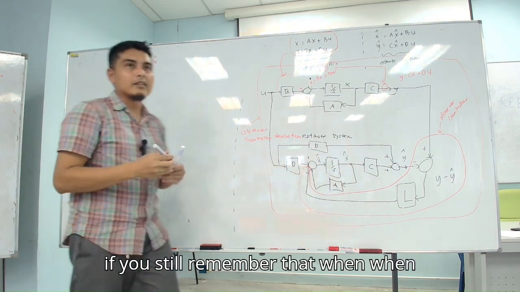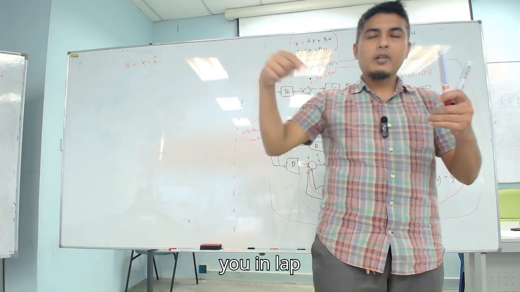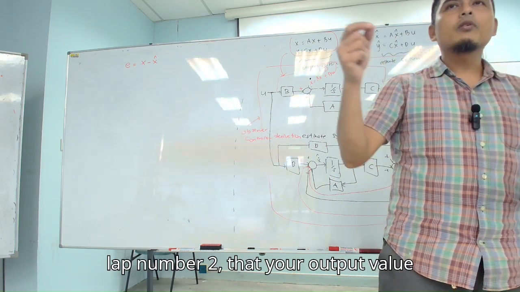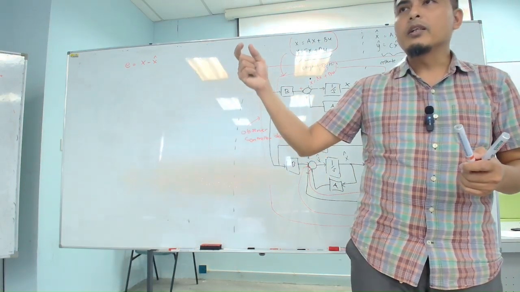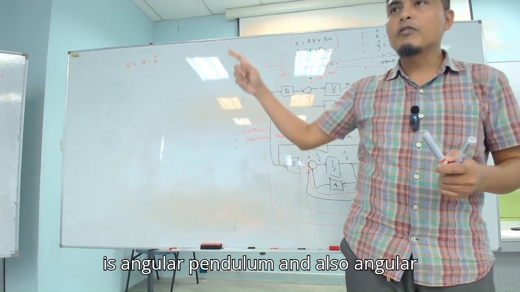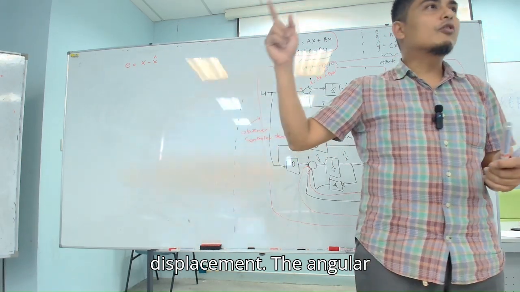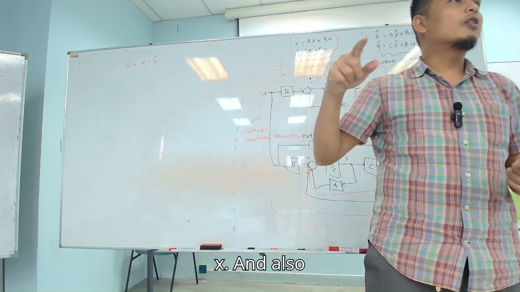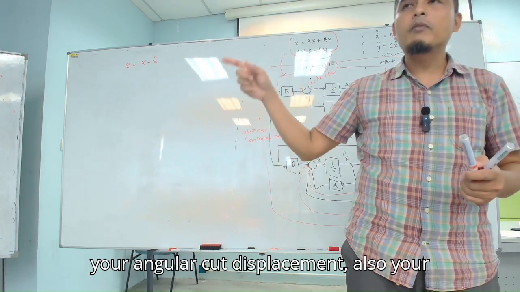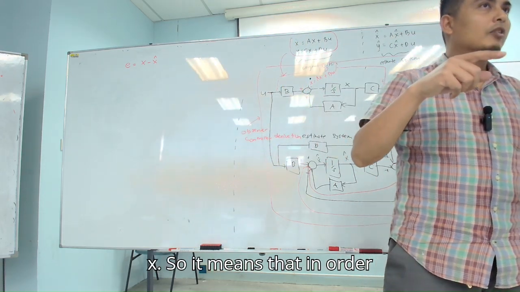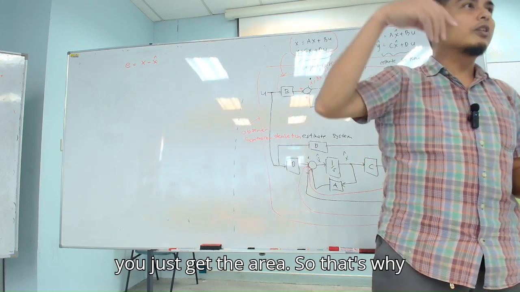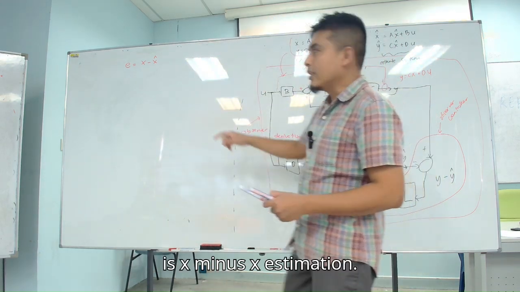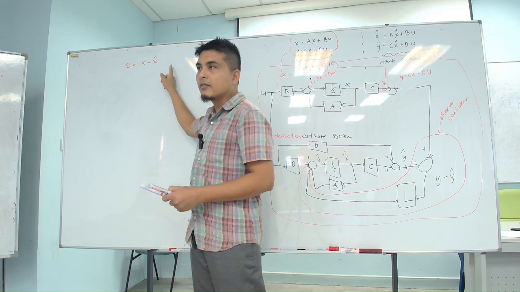If you still remember, in lab number 2, your output values are the angular pendulum and also the angular displacement. The angular pendulum is your state variable x, and your angular displacement is also your x. So you just get the error. That's why the error value between these two is x minus x estimation.